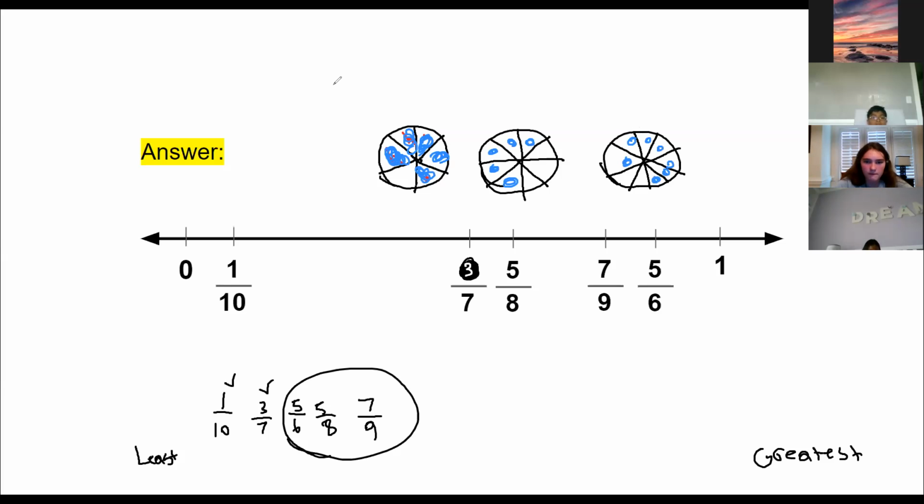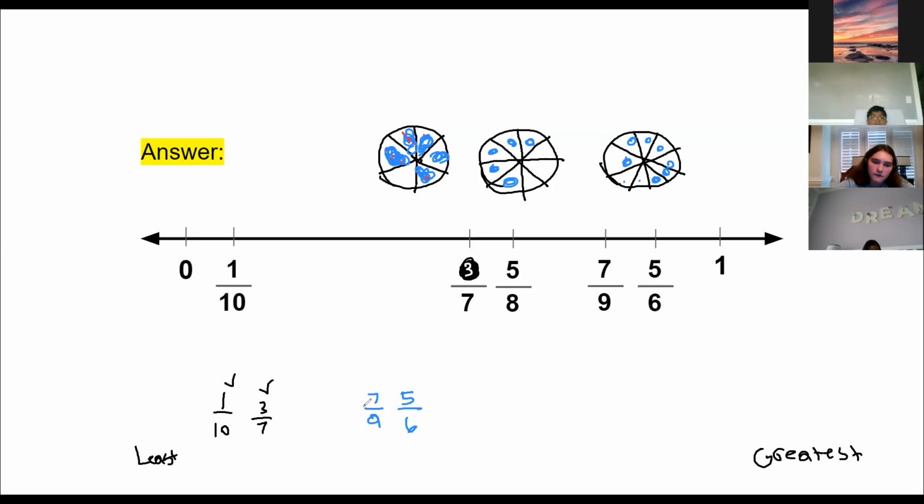So 5 6ths, you can tell that there's only one more piece for it to be whole, so it would be in the front. The next one is 7 9ths, which is closer to being a whole because it's only got 2 left.